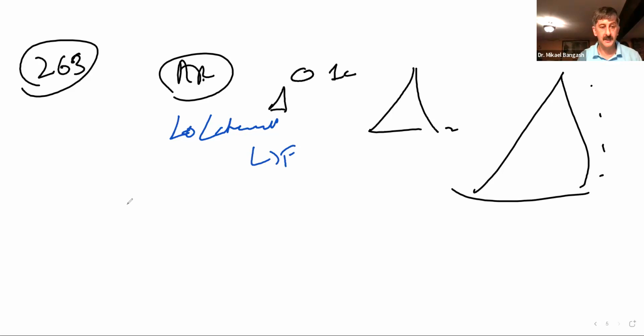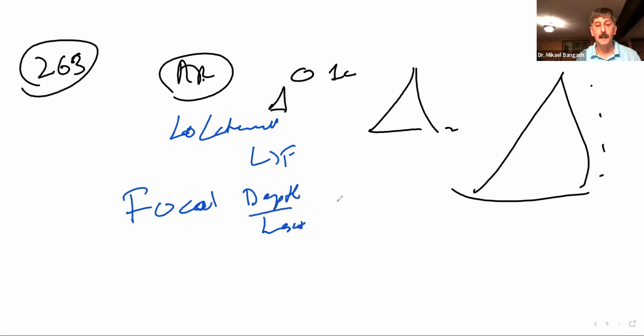Because lateral resolution is dependent upon the focal depth or focal point or focal length. And focal depth or focal length is not the same as depth of image.